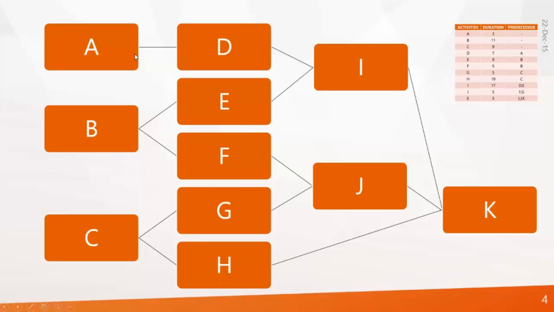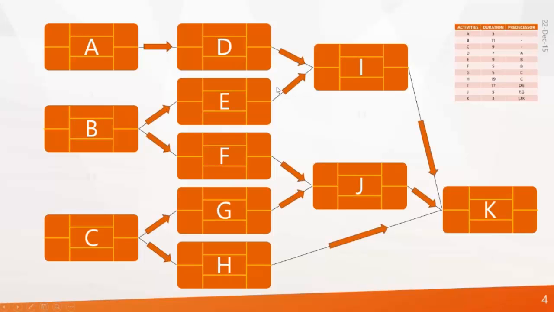Activity D will start after completion of A. Activities E and F will start after completion of B. This is called a network chart. Next I will write down the duration of each activity: 3, 11, 9, 7, 9, 5, 5, 19, 17.